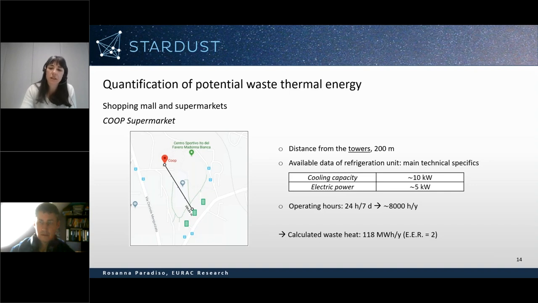The cooling capacity was 10 kilowatts and the electric power 5 kilowatts. So we assumed that the operating hours were all year long, 24/7. The waste heat was calculated in the same way as in the previous case, considering an energy efficiency ratio of 2, and it amounts to 118 megawatt hours per year. So very small compared to the previous case.